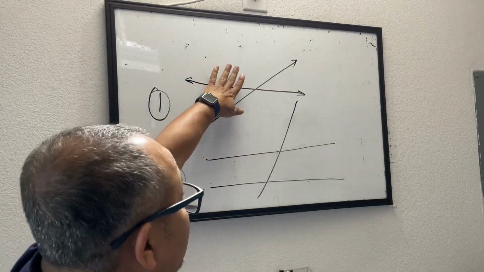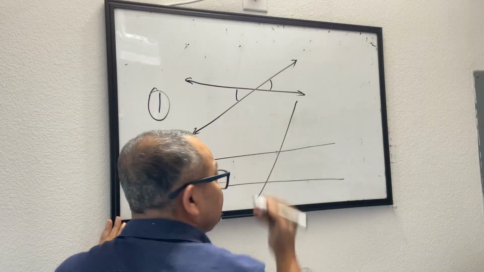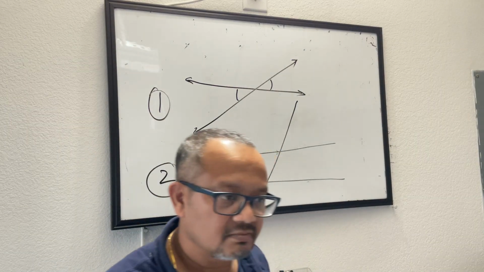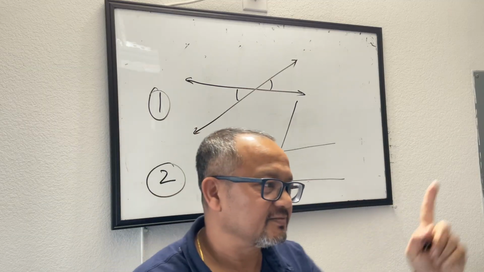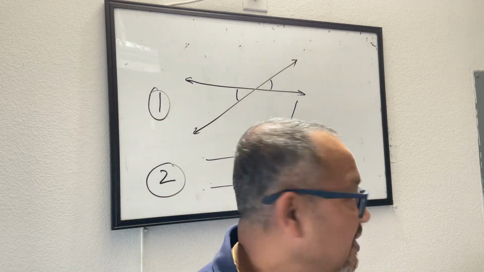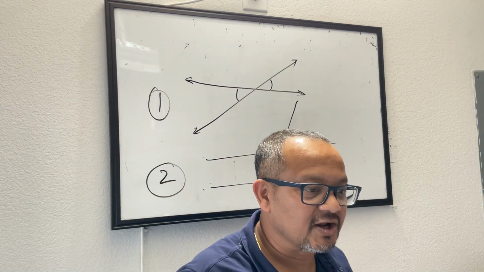So here, when you are looking at the intersecting lines, what are these angles called? Interior angles? Stop it there. Anybody, what are these angles called? Yes, Milana.